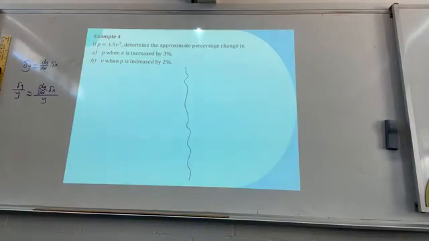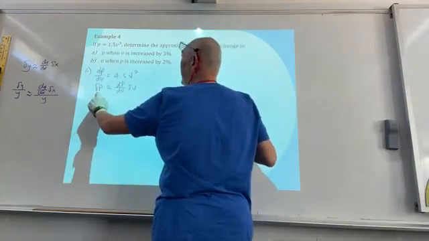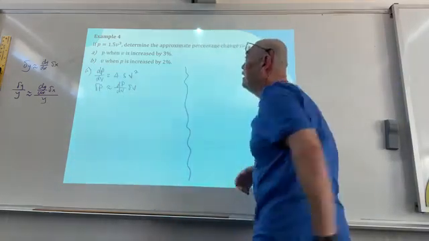Now we're only dealing with percentages. We are not dealing with the actual numbers at all. Do you agree with me? Now dP/dV is 4.5V squared, and we have delta P approximately equals dP/dV times delta V. We don't know anything else, but we do know P, and we know delta V is 3%.